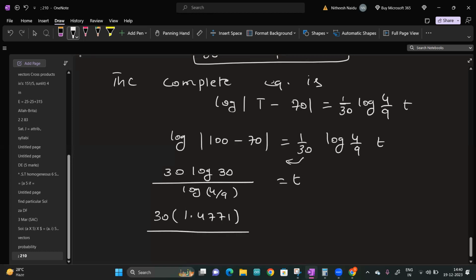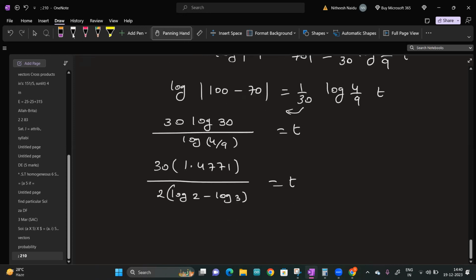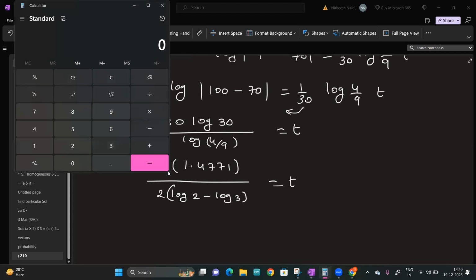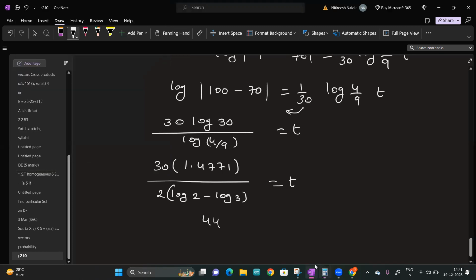Divided by log 4 by 9, which is 2 log 2 minus log 3. So t equals 30 into 1.4771 divided by (2 log 2 minus log 3). Multiply: 44.313.